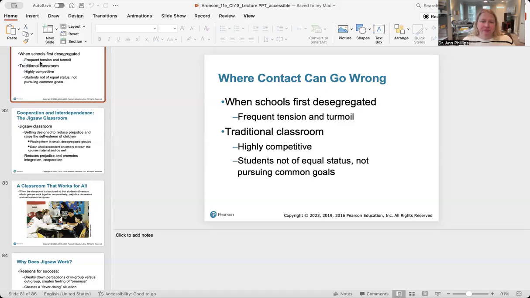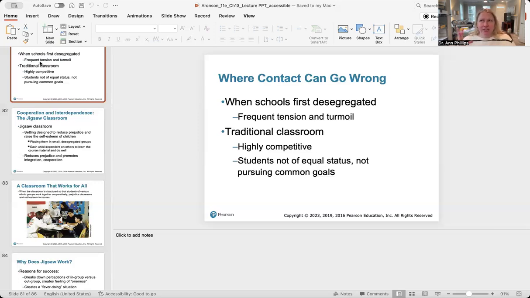You tend to have all kinds of fighting, turmoil, hatred that breaks out. And they talk about how, in particular with schools, it's a competitive environment to get those good grades and to get into college. Students are not necessarily of equal status. Back then, the white schools were much better than the black schools, even though they were separate but equal, which was nonsense. So again, trying to integrate people who come from different levels and get them to the same place was super challenging.